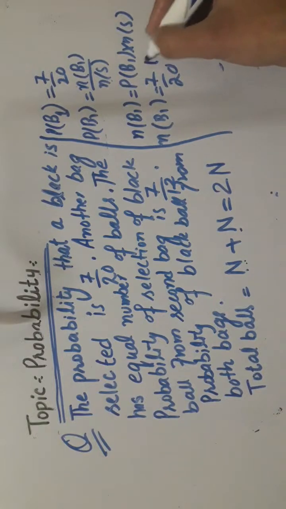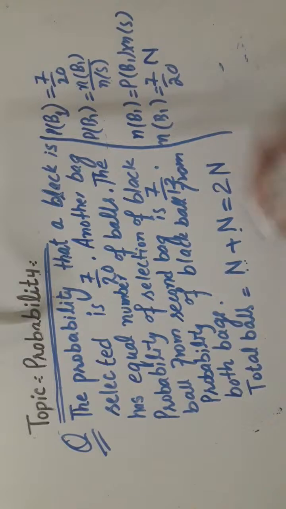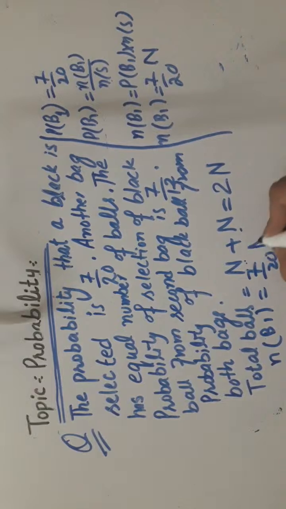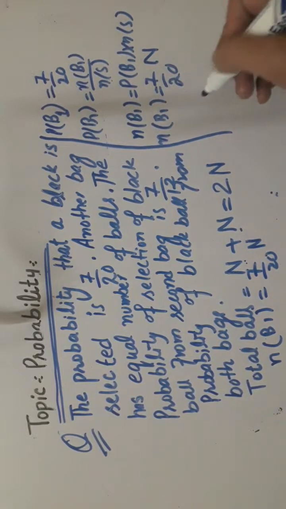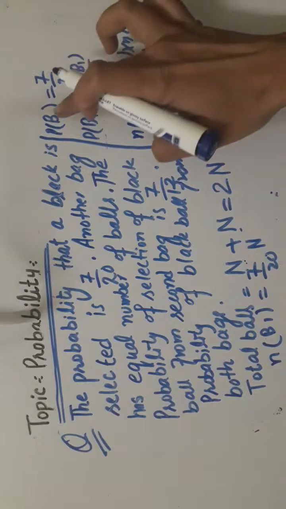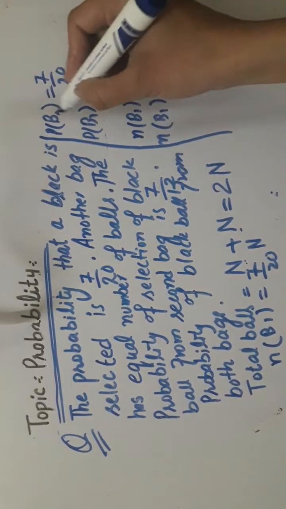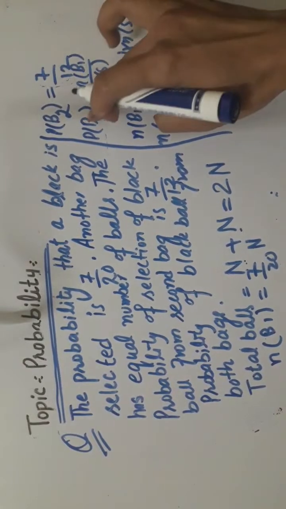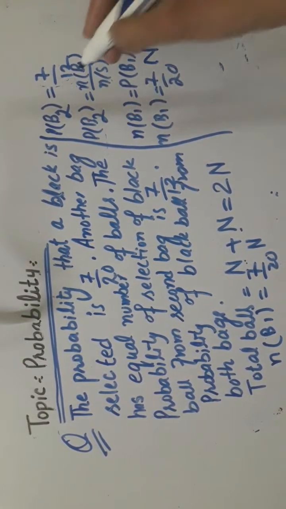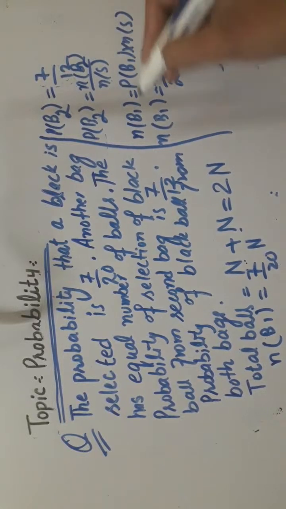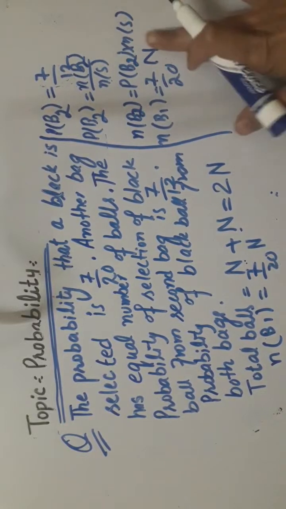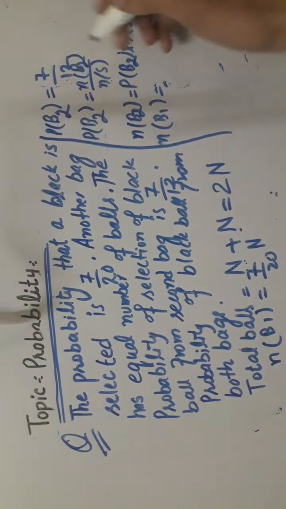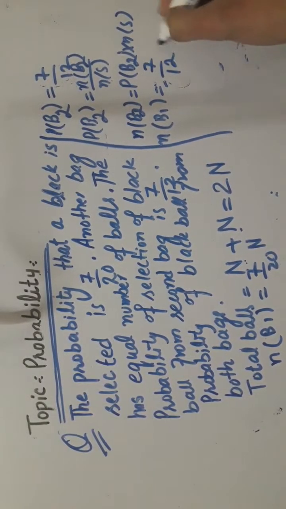So n of B1 is equal to 7 by 20 n. Now, we will find n of B2. The probability of B2 is given as 7 by 12, so we write 7 by 12, just replacing B1 by B2, and the formula also changes. So this will become 7 by 12 into n.